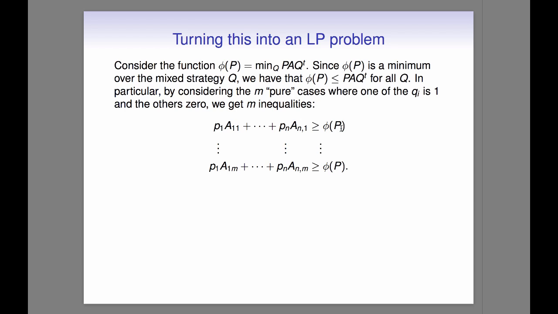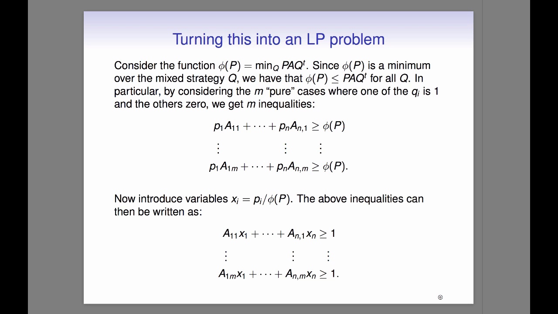The first inequality corresponds to the first possible move for player 2, and the last one is the last possible move. So we've got a bunch of inequalities, and they look really interesting, but they're not quite yet in the form of a linear programming problem. And the trick is to introduce a new variable xi, which is probability pi, normalized by dividing by phi p.